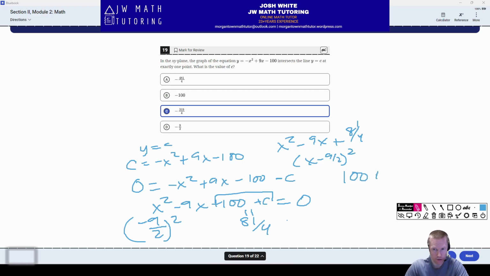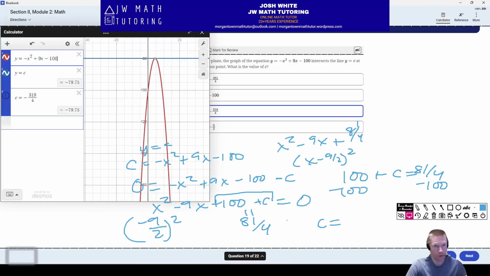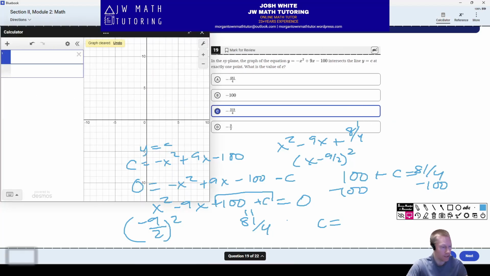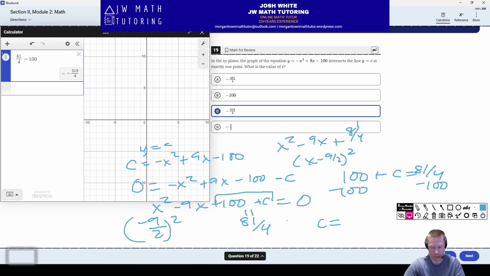So in other words, 100 plus c equals 81 over 4. So you just minus 100, c equals 81 over 4 minus 100. There it is, it's negative 319 over 4.